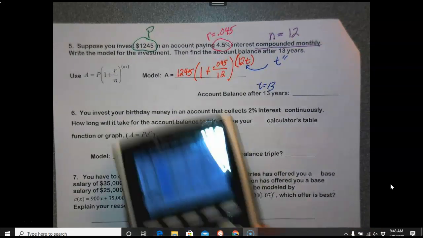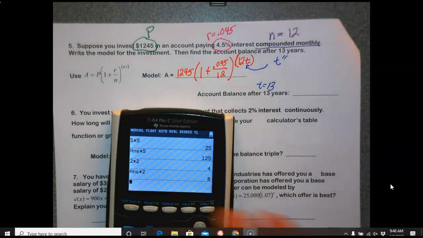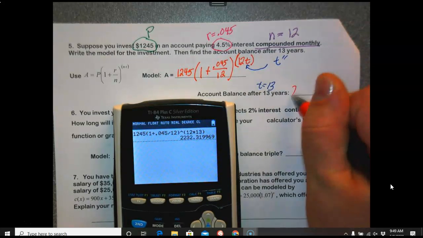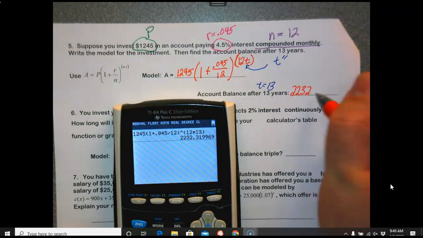So I don't need the y equals button and graph it, I just need to compute it. So I have 1245 times 1 plus 0.045 divided by 12 raised to the, and again, you need parentheses. If you don't have parentheses in your exponent, you're going to get the wrong answer. 12 times 13. And just hit enter. And that's the amount after 13 years. 2232.32.